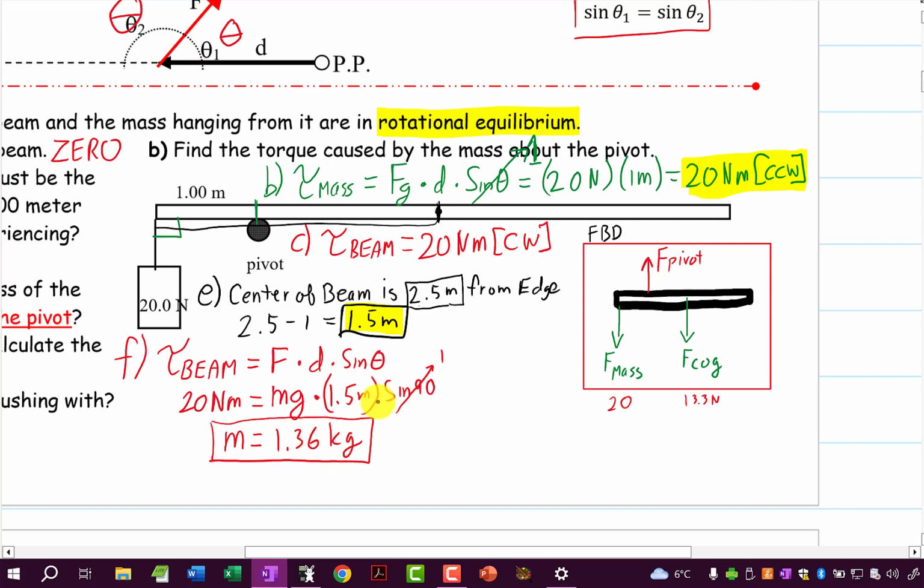This times 9.8 is 13.3. Force of gravity is mg, and that is 1.36 times 9.8, and that's going to be equal to 13.33 newtons.